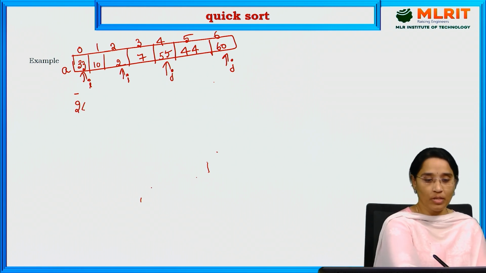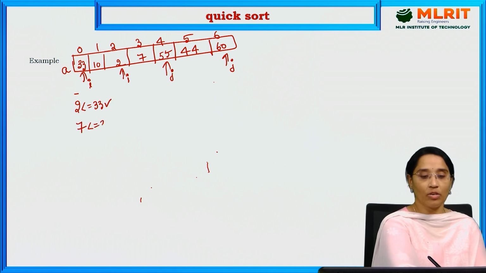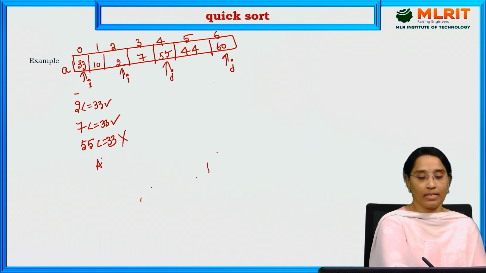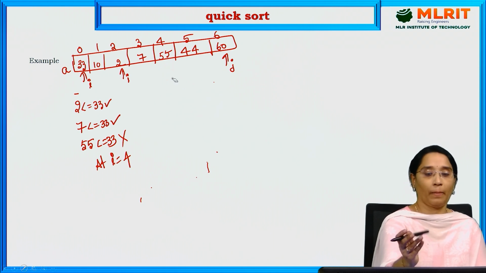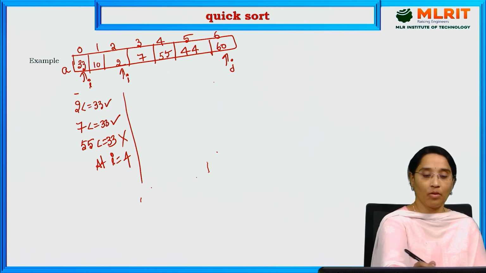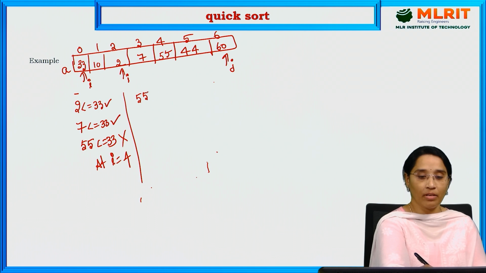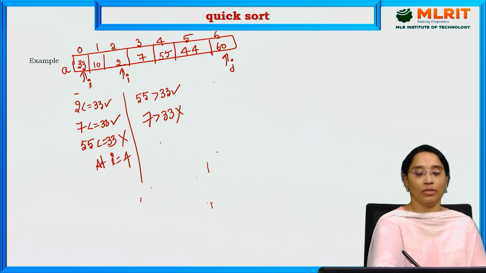So 2 less than or equal to 33, condition true. 7 less than or equal to 33, condition true. 55 less than or equal to 33, it's not satisfied, at i equals 4. Now j. 55 greater than 33, 7 greater than 33 false. So at j equals 3.